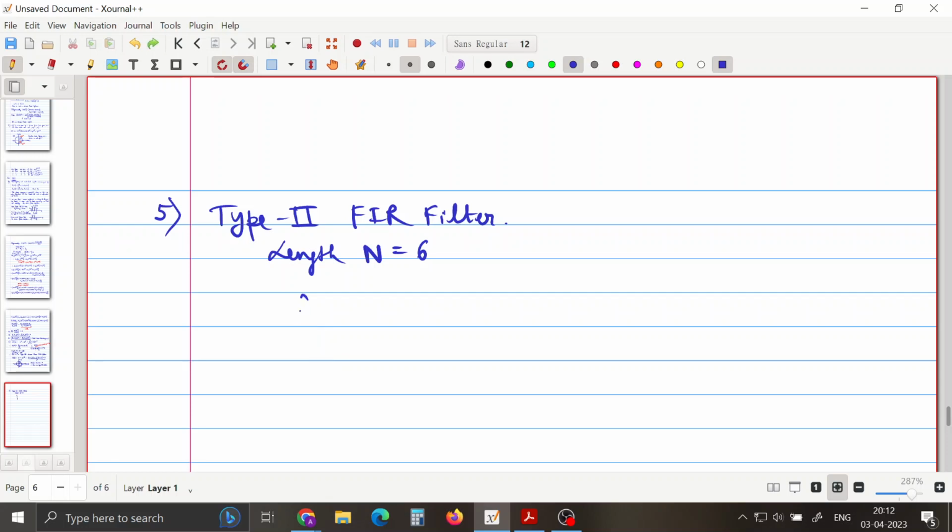The pole-zero plot for type 2 was like this. You had definitely one zero at z equals minus 1.